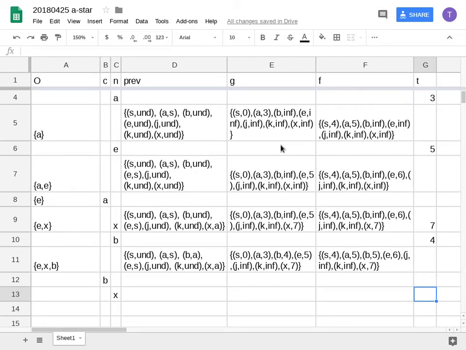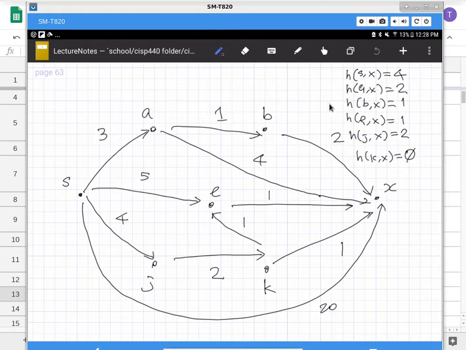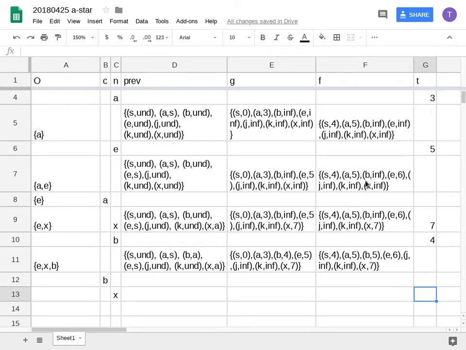The distance from b to x is 2. The g value of b is 4. 4 plus 2 is 6. So t is now 6 here.